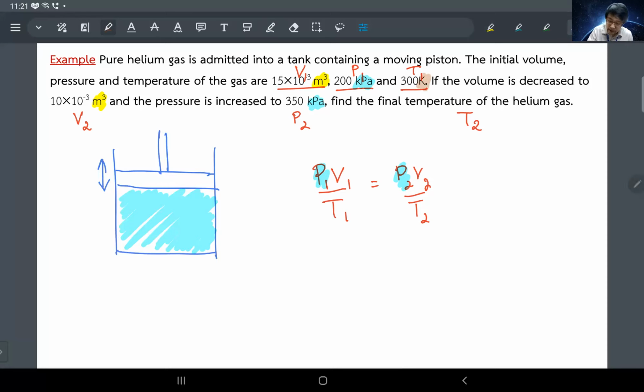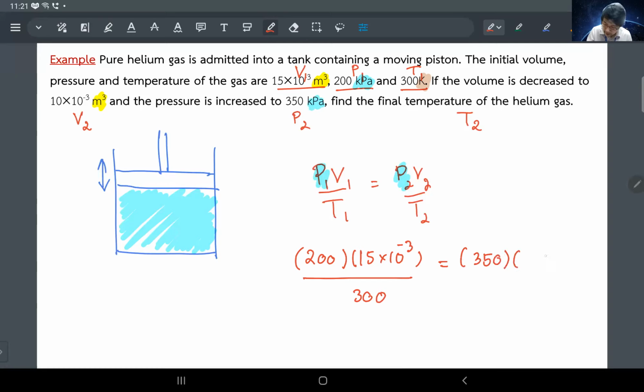Is this good? I think this is simple enough. Let's plug in the numbers just for clarity. The initial state is 200 for pressure, 15 times 10 to the negative 3 for volume, over 300. The final state, the pressure is 350, same unit, good.